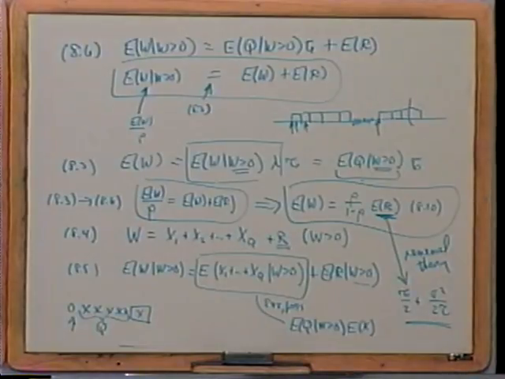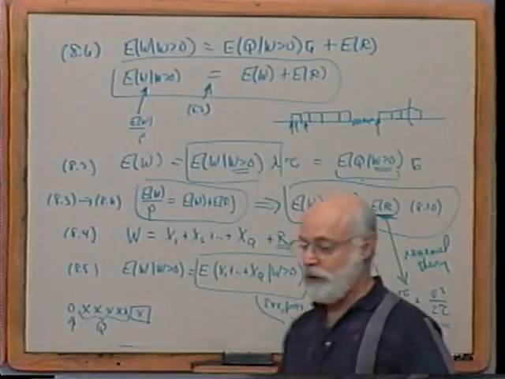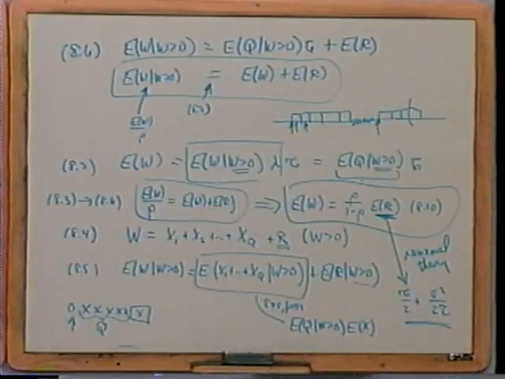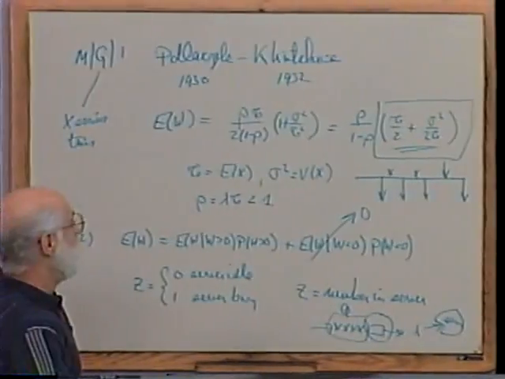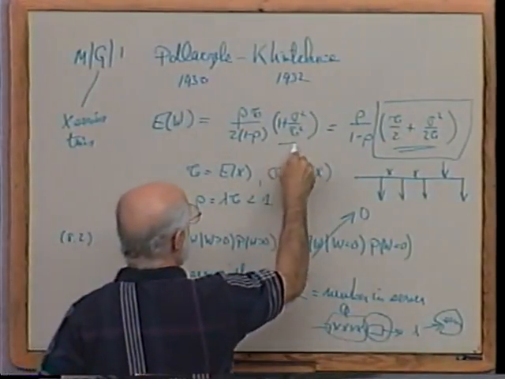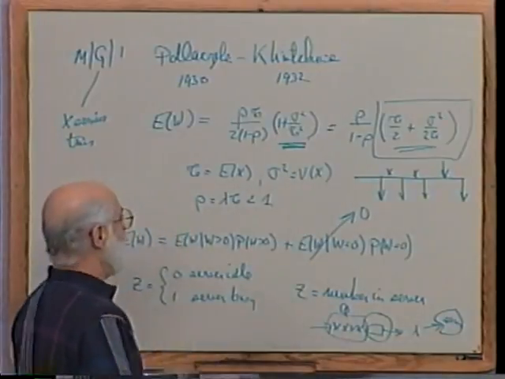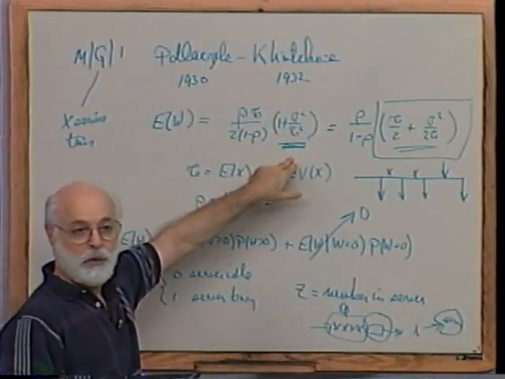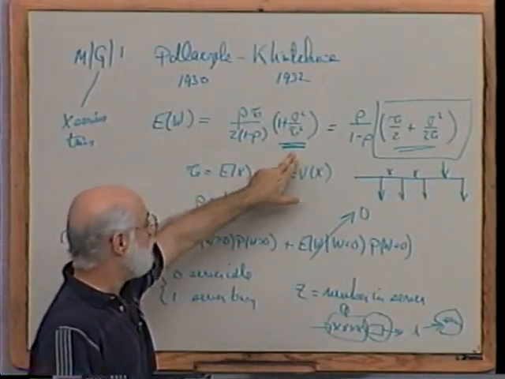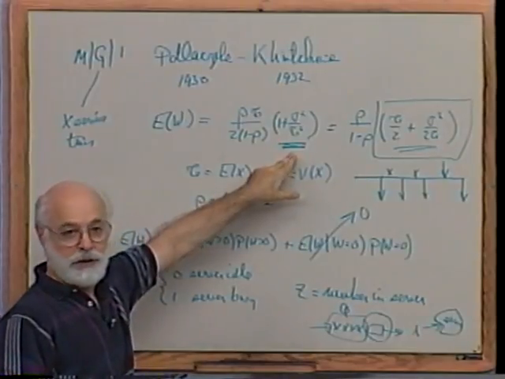So what's remarkable here is that the renewal theory argument leads to the key piece. Because when you get the final answer, here's the Pollaczek-Khinchine formula. And the Pollaczek-Khinchine formula has in it this piece. And that piece, this turns up all the time in queuing theory, that piece is a forward recurrence time.